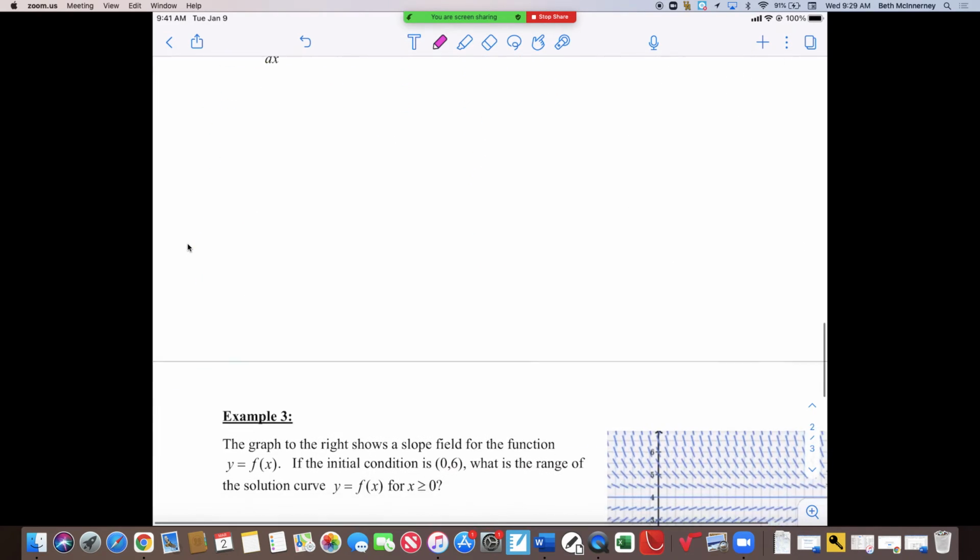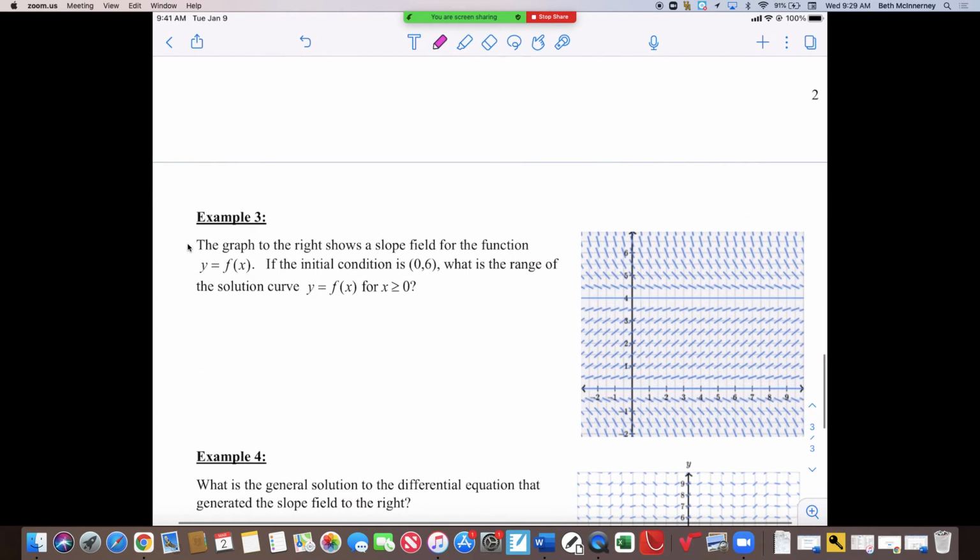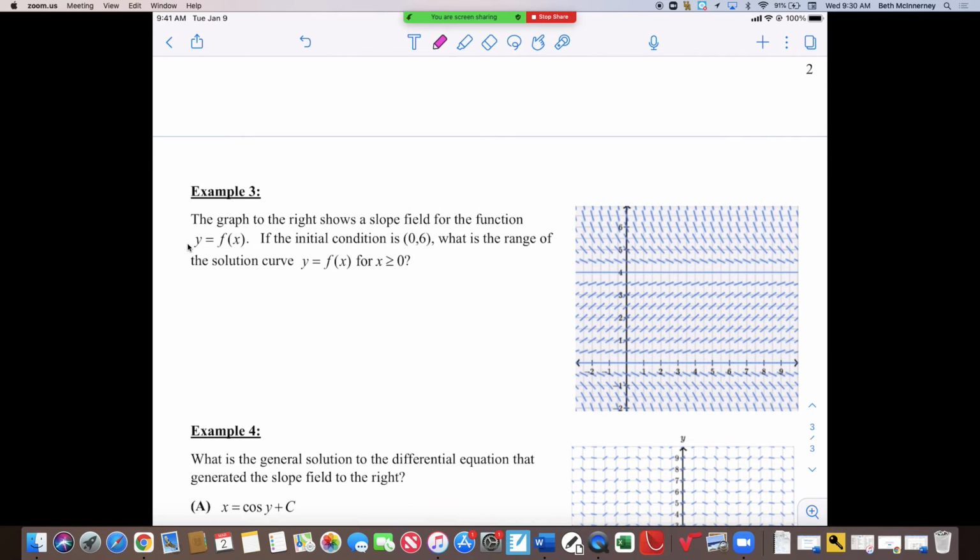All right, this next example says the graph to the right shows a slope field for the function y equals f of x. Now, I want you to key in on the word function. In order to have a function, remember it's got to pass the vertical line test. So there's a little bit of Algebra 1 sneaking in here.